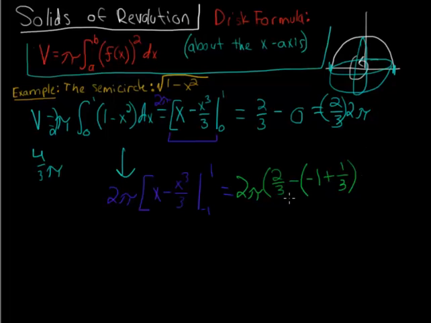So, as I have expected, it is 2 pi times 2/3 minus, this is -2/3.